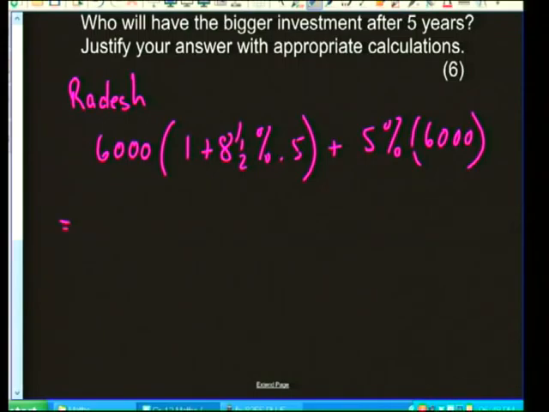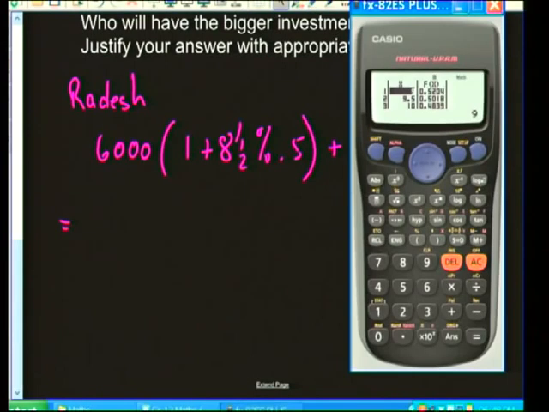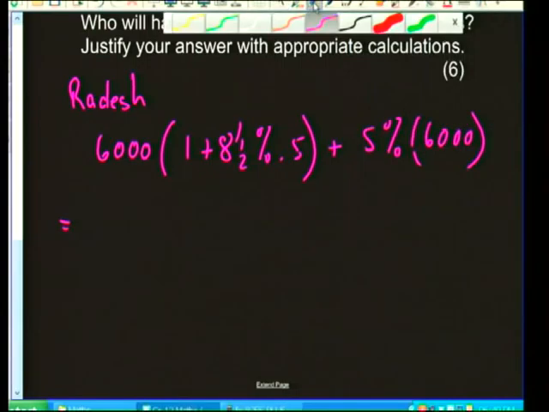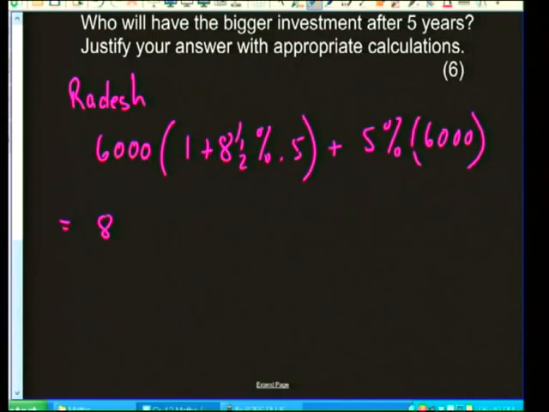Well, there we go. I pop this into the calculator, clear, go back to mode computation, and I have my 6,000 Rand, open brackets, 1 plus 8.5% times 5, because we're in for 5 years, and he will get for the investment 8,550 plus 5% of 6,000 Rand, and I'm sure you can do that in your head, which is 300 Rand.